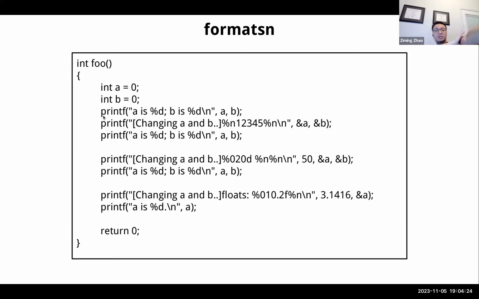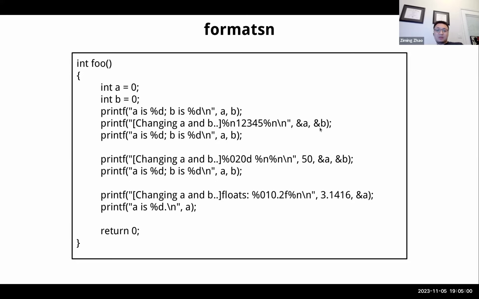So the first printf does a is %d, b is %d, then new line, then a and b. So we'll just print out the value of a and b here, right? So this line will just be 0 and 0. That's very easy to understand.